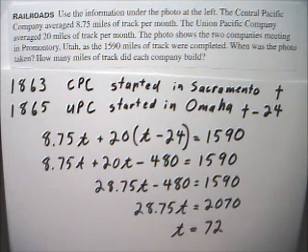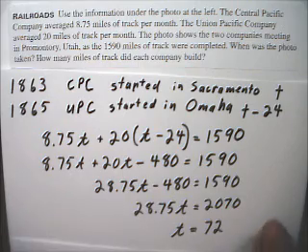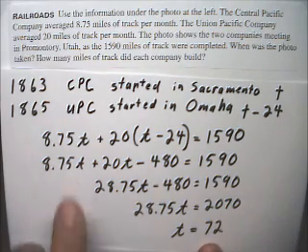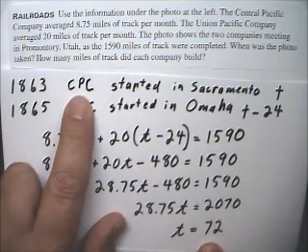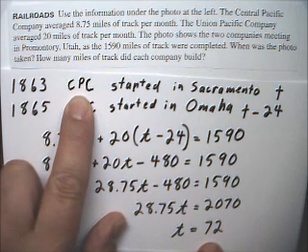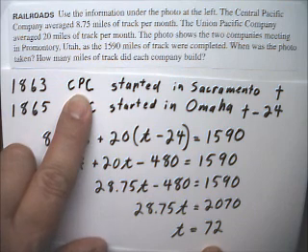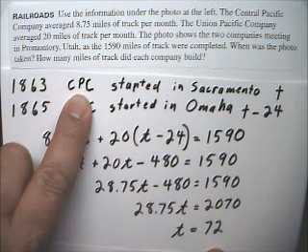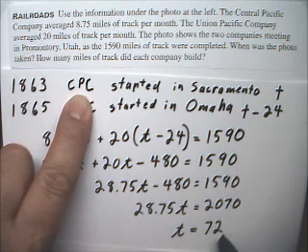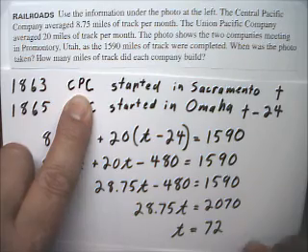And how many miles of track did each company build? Well, the Central Pacific, they were doing 8.75 miles of track per month, and they did that for the full 72 months.